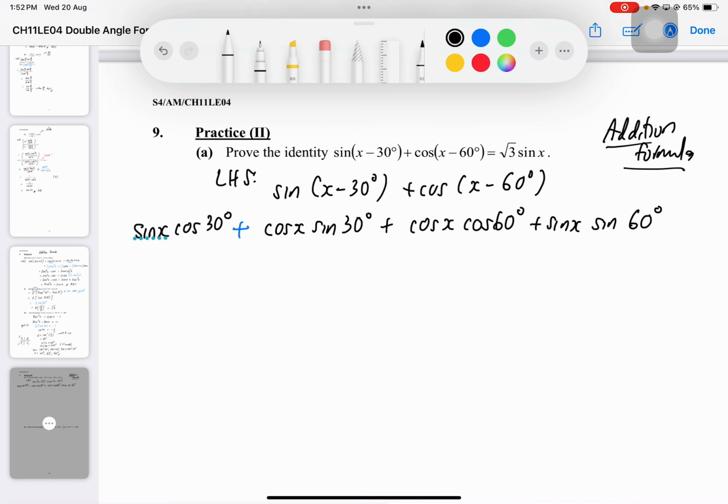Okay, cos 30, special angle. You square it, what do you get? Root 3 over 2 sin x, right? Sin 30 is? What is sin 30, boys?